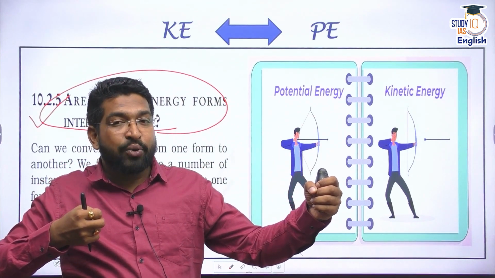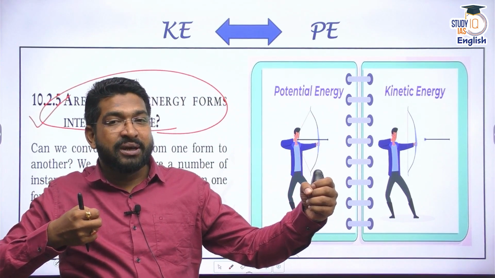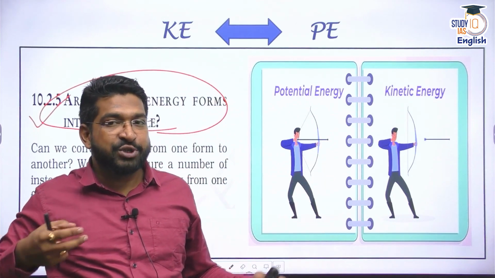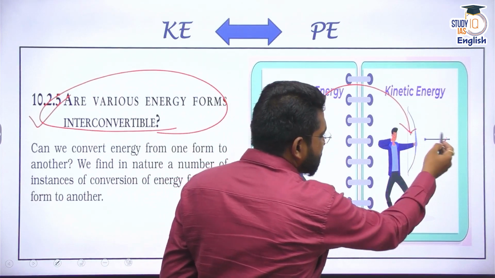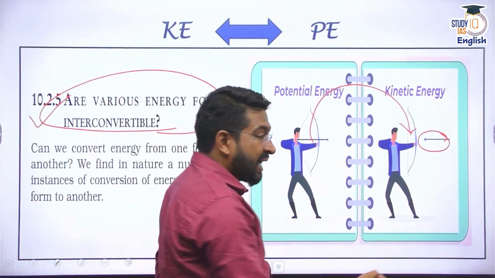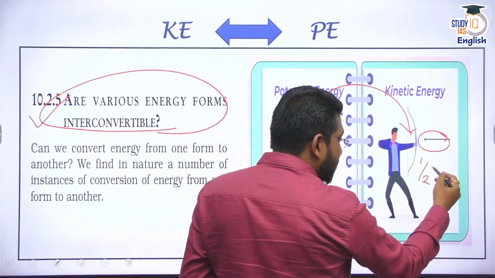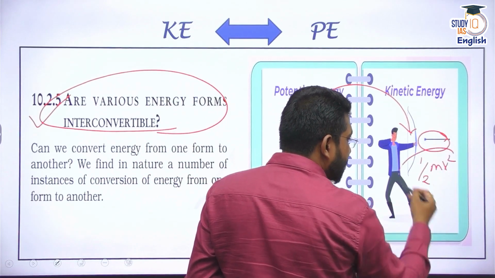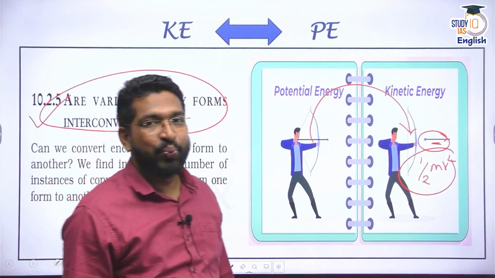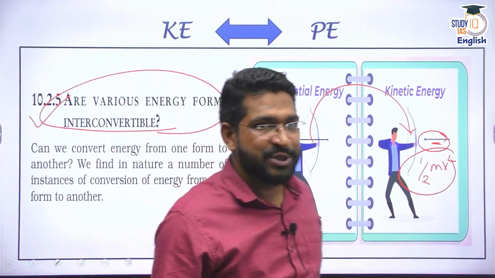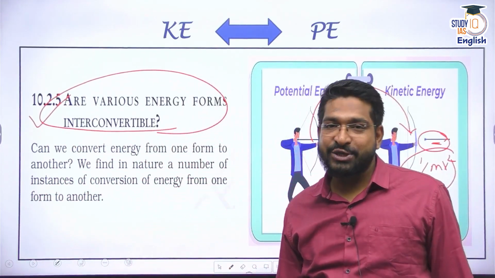Now, the arrow has potential energy. And as soon as I leave it, because of its position, that potential energy is converted into kinetic energy. And how much kinetic energy is it carrying? It is carrying half mv square: the mass of the arrow times the square of its velocity, divided by 2. It is going to give you that kinetic energy, right?